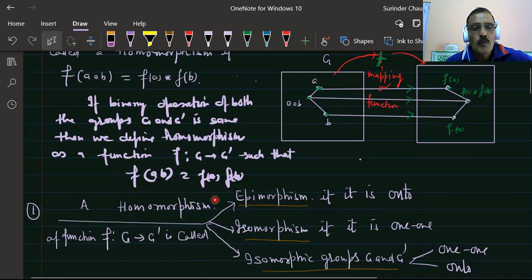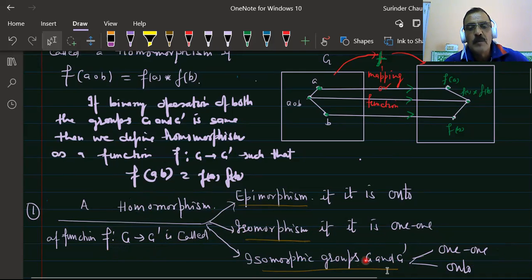If this homomorphism from G to G dash is one-one, it is called an isomorphism. If a mapping from G to G dash is, number one, a homomorphism, number two, one-one, and number three, onto, then we say that the two groups are isomorphic groups.